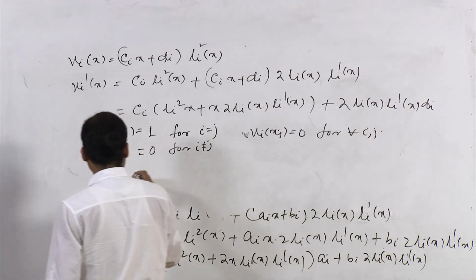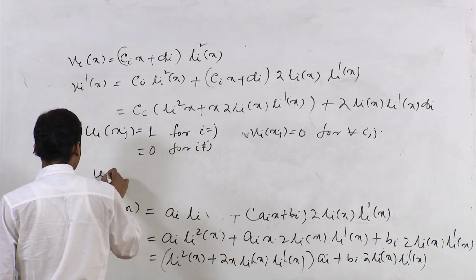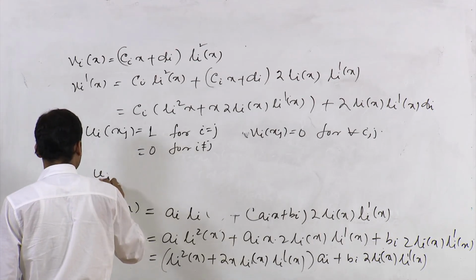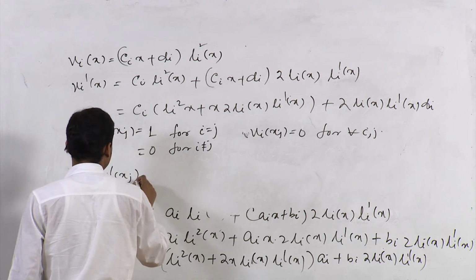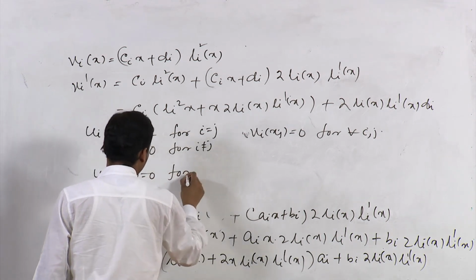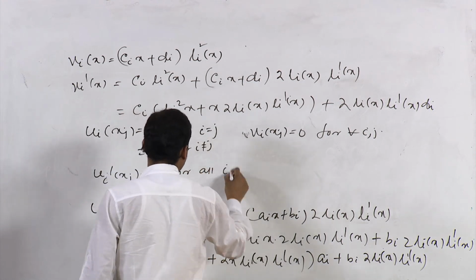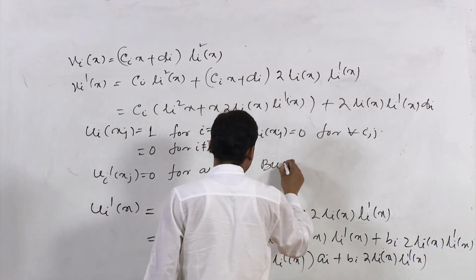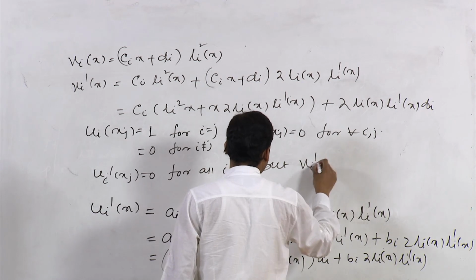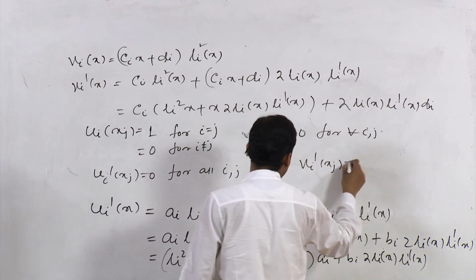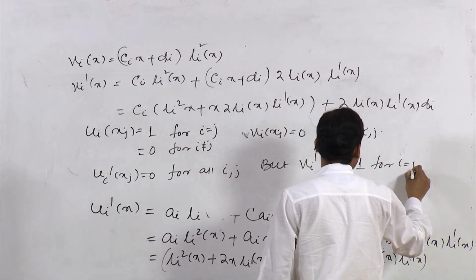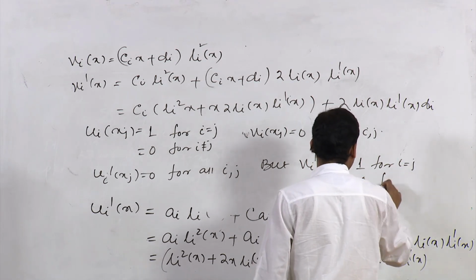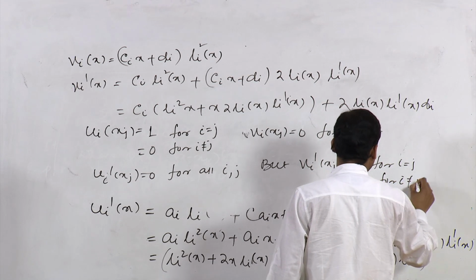But we are also saying that ui dash of xj equals 0 for all i and j, and vi dash of xj equals 1 for i equals j, and equals 0 for i not equal to j.